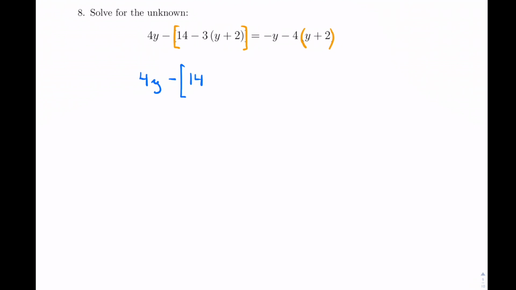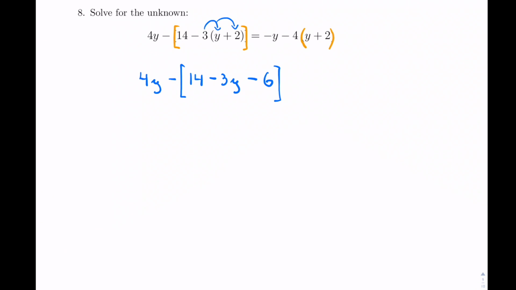So I will first bring inside the 3. So it goes negative 3y minus 3y. And then the negative and positive will turn into a negative, and that will be 6. So that's the first thing that I can do.